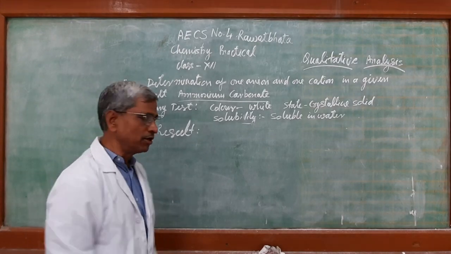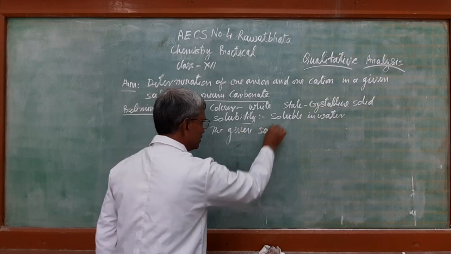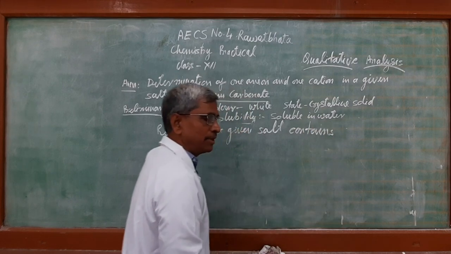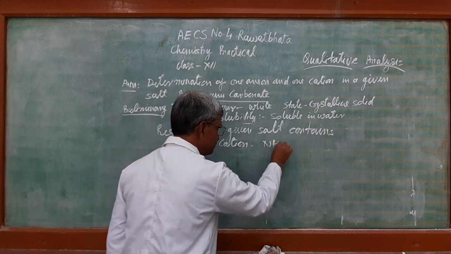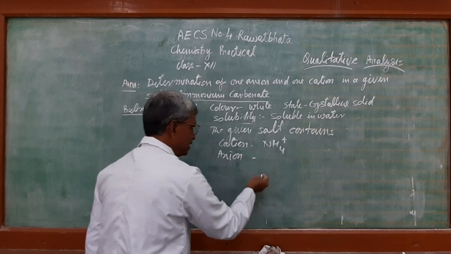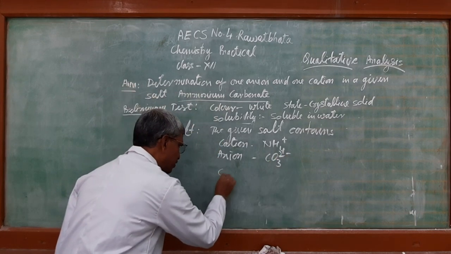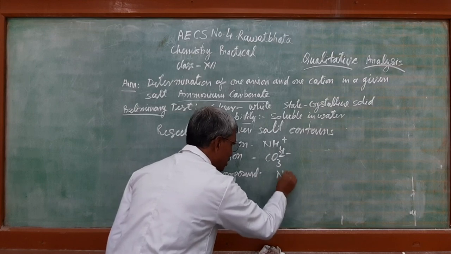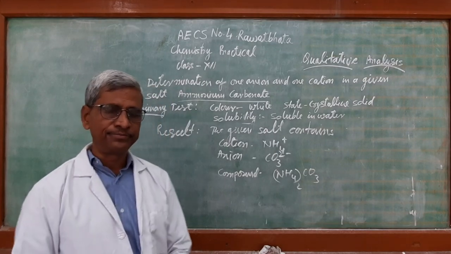The given salt contains cation, it was ammonium, NH4 plus, anion, it was carbonate, CO3 2 minus, and the compound, the formula is ammonium carbonate, (NH4)2CO3, ammonium carbonate.